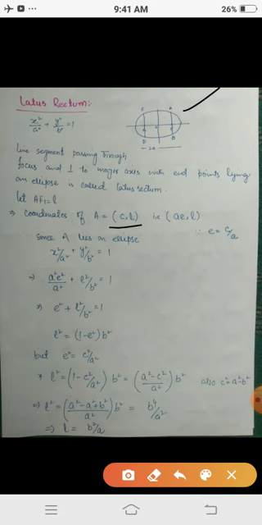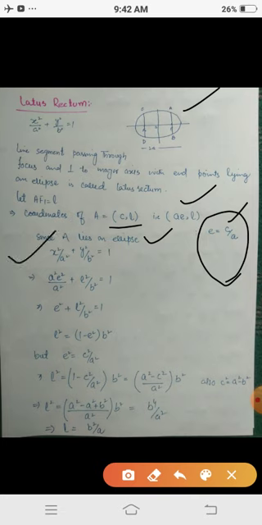Also we know that the eccentricity of an ellipse is c upon a, which implies that c equals ae. Hence the coordinates of this point A are (ae, L). Since A lies on the ellipse, the coordinates ae and L should satisfy this very equation, x squared upon a squared plus y squared upon b squared equals 1.